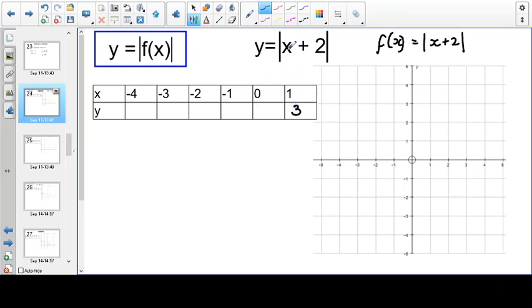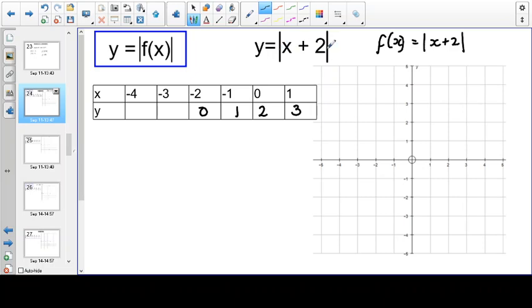When x equals 0, y equals the modulus of 0 plus 2. So the modulus of 2 is 2. Where x equals minus 1, minus 1 plus 2 is 1. The modulus of 1 is 1. When x equals minus 2, minus 2 plus 2 is 0. The modulus of 0 is 0. When x equals minus 3, minus 3 plus 2 is minus 1.